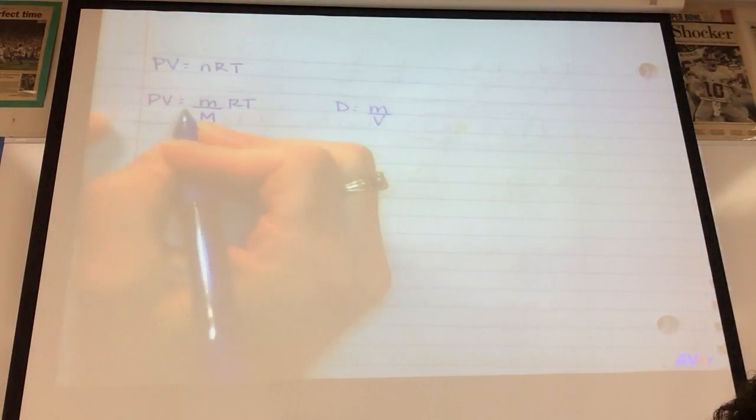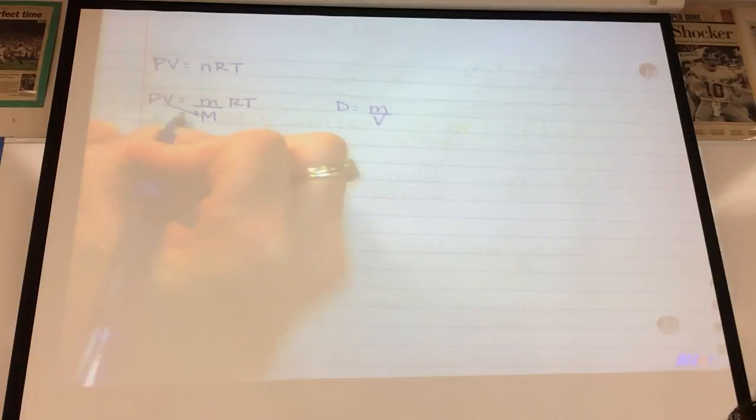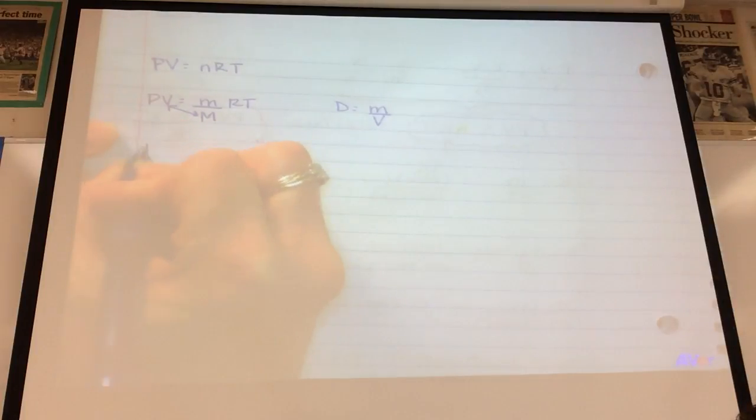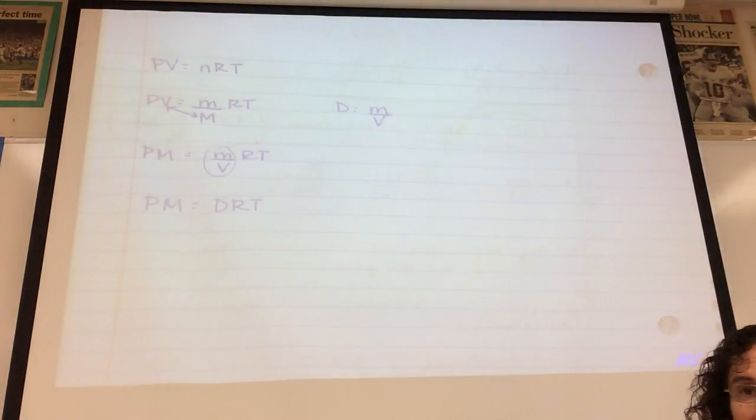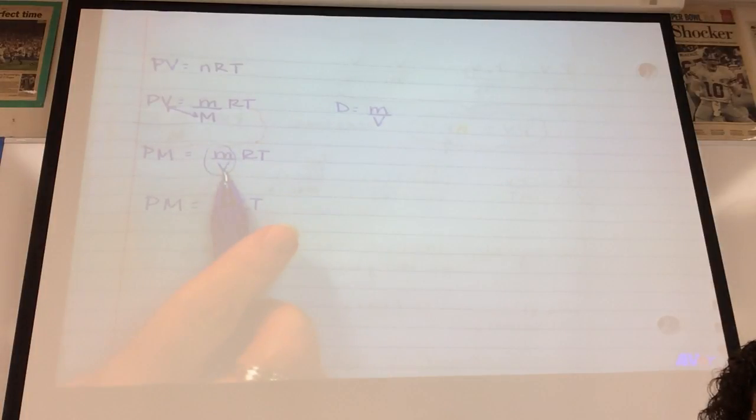So if I manipulate this formula where I'm going to interchange these two variables, what can I replace m over V with? D. So this is a way to integrate density into the ideal gas law, because we know density is mass over volume.